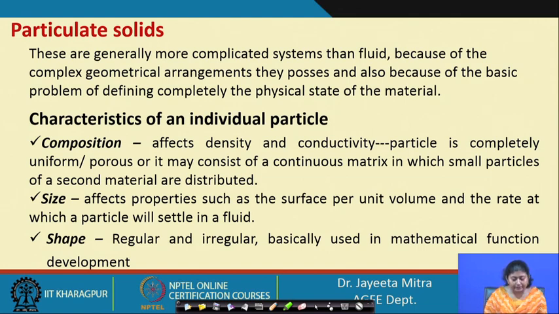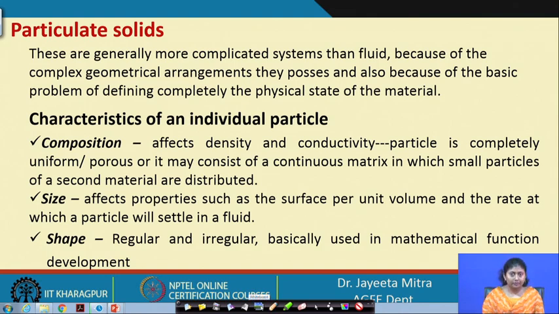Therefore, if we want to express the characteristics of an individual particle based on certain criteria, that is important first. Once we see how we can define a single particulate solid, then we will move on to the different size reduction operations.